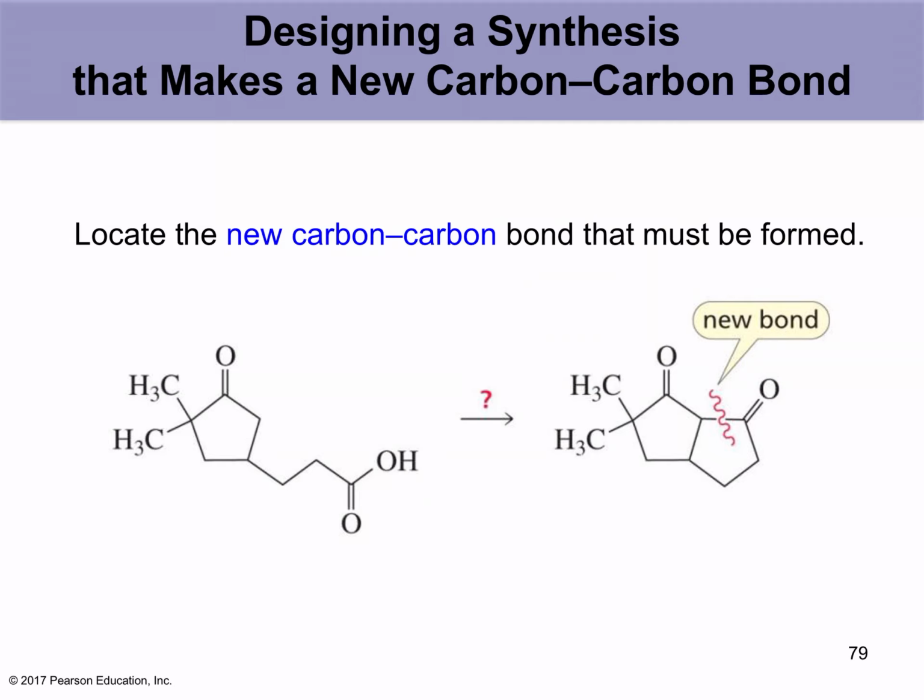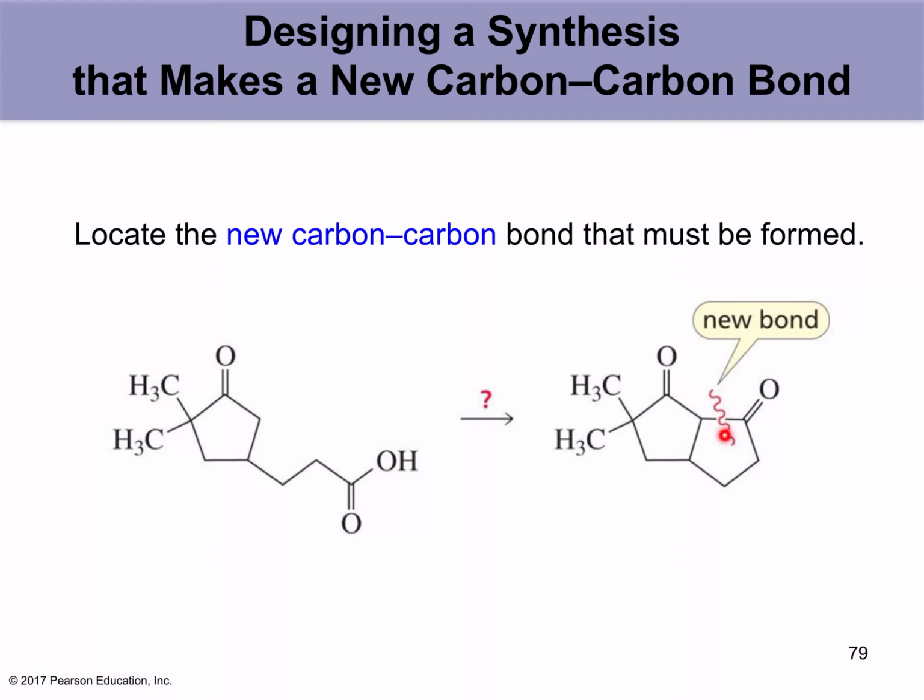So, designing a synthesis that makes a new carbon-carbon bond. Locate the new carbon-carbon bond that must be formed. So you are asked to make this molecule from this one. Okay, now this is the given molecule, and then you have a carbonyl group over here, and we can consider this is the new bond that has been formed.